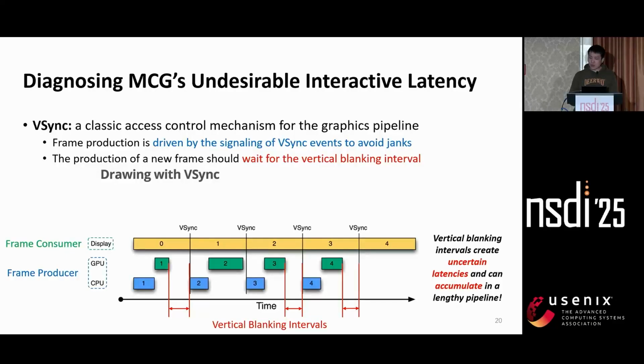In each period, when the producer finishes frame production, it waits for the vertical blanking interval, which is the time interval between the end of a production and the next vsync event of the consumer. As shown, vertical blanking intervals create uncertain latencies, and the latencies can accumulate in a lengthy graphics pipeline, leading to unsatisfactory user experience.